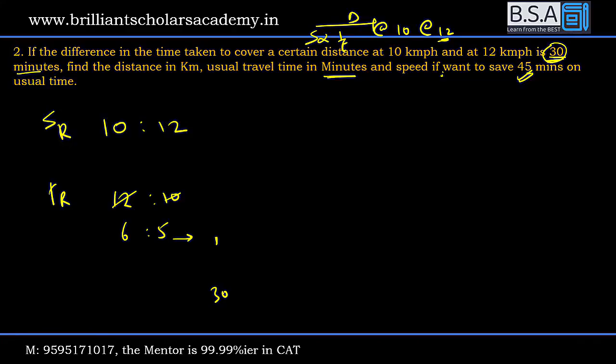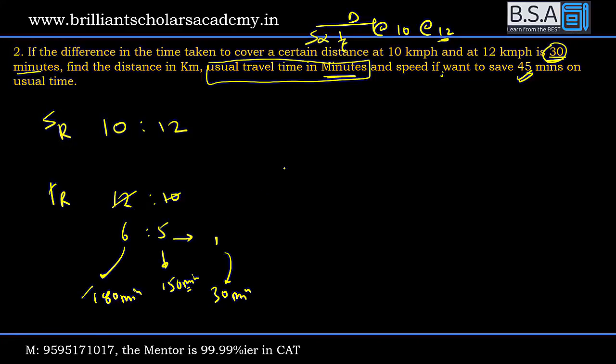Now think slowly, think carefully. Usual time is the earlier time. Usual time is 180 minutes. What is the distance? Now I want to learn this.